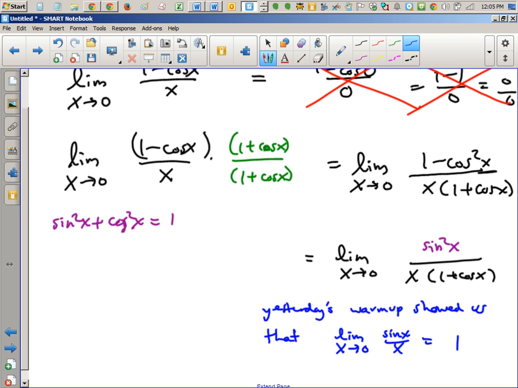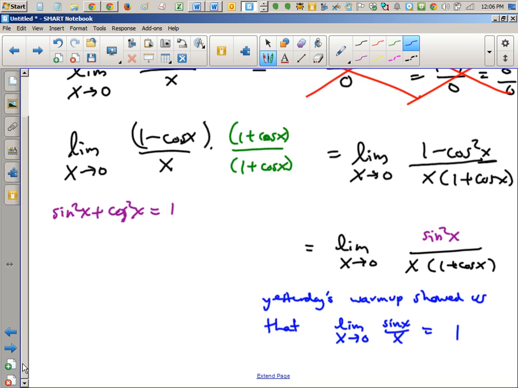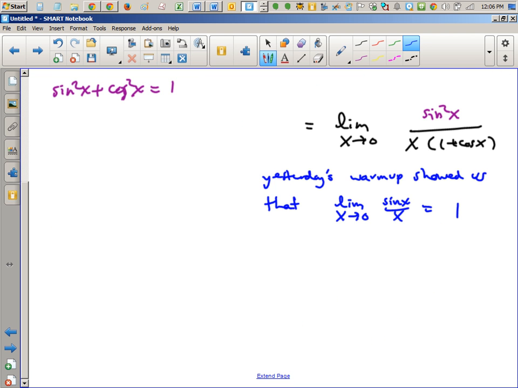It was 1. Remember you actually used a calculator, you actually came up with that using a table. Do you think we might be able to use that to our advantage on this problem? Do you see a sine x over x in our work? I do. Let's extract it.